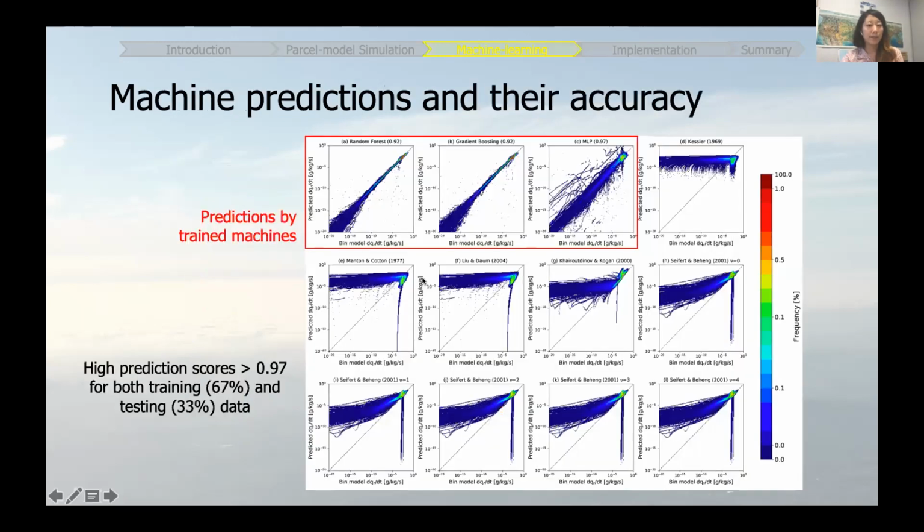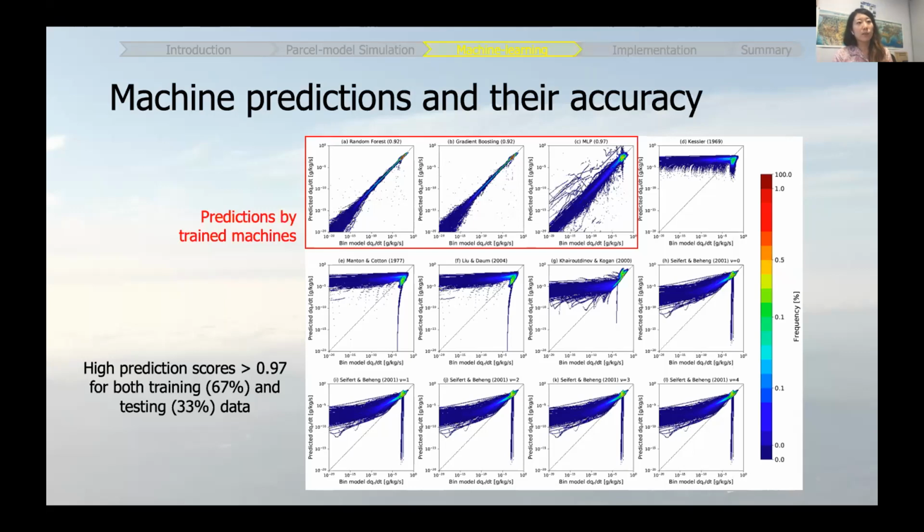I am talking about the machine predictions and their accuracy. I know there are a lot of plots, but I want you to look at C, the third column at the top row. That is from MLP. On the x-axis, we have what's actually dqr dt, the rain production rates calculated by the BIM model. It took a very long time to calculate because it's sophisticated, based on BIM microphysics.